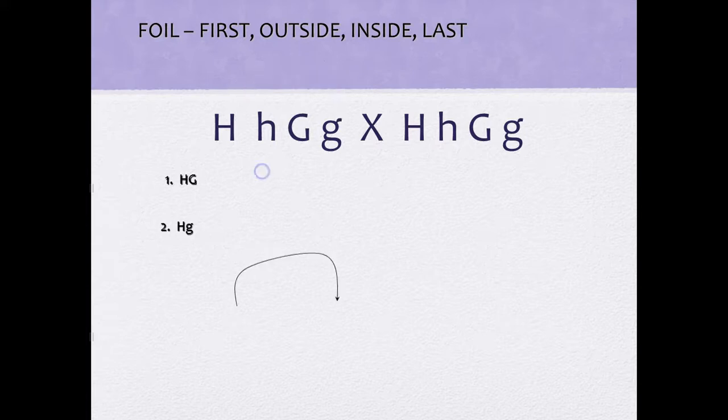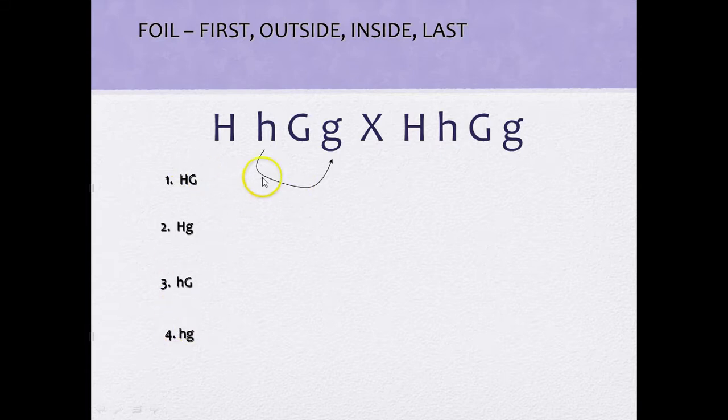Then you look at the inside, little h, big G. Generally speaking, the capital letter would come first, but if you're mixing two different letters because you're talking about two different traits, then it's okay to leave them like this. And then you look at the last, little h, little g.